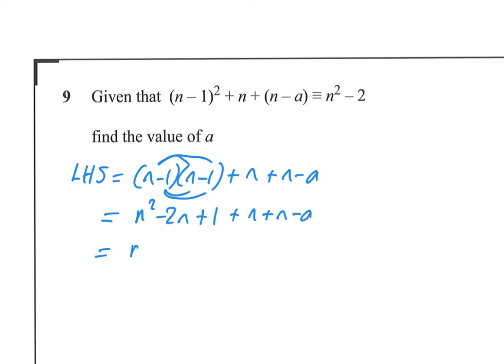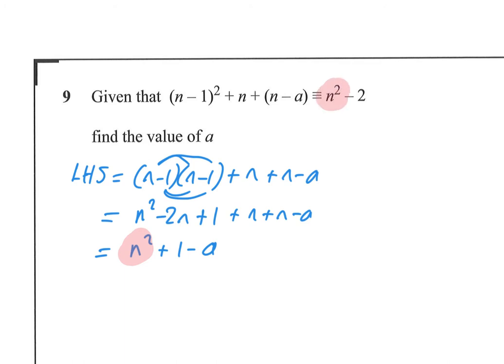That's a mess, so tidy up. That's going to be n squared minus 2n plus n, the n's disappear, and then you're left with plus 1 minus a. Okay, what we have got now is an identity, which is what an awful lot of people don't like. We can see what our left-hand side tidies up to be, n squared plus 1 minus a. So n squared on the left-hand side equals n squared on the right-hand side.